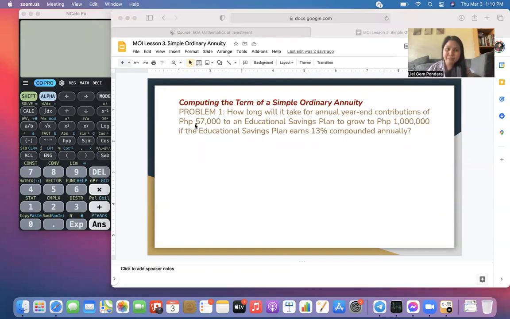Now what is 57,000? Present value? Not the present value. It's an annual year-end contribution.